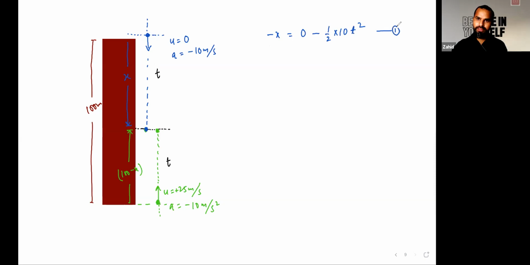So this would be your first equation. For the second ball, as it is going in upward direction, the height would be positive. So 100 minus x is equal to initial velocity, in positive direction, minus half times gravity, which is in downward direction, times t squared.